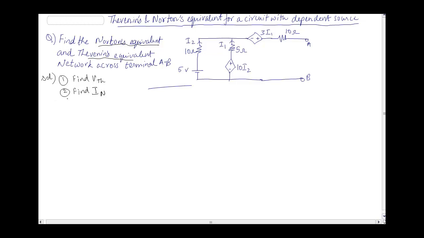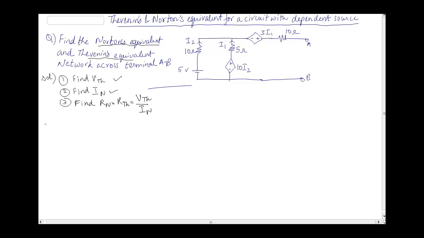And third step is find RN, which is same as RTH, which you can find by doing VTH, which you have got here, divided by IN, which you have got here. So originally we need to solve the problem only for finding VTH as well as IN. So let us do it.